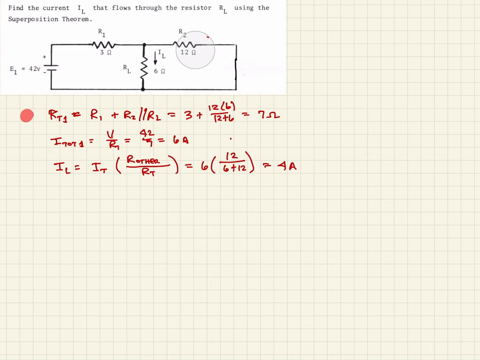So now let's start over and consider the other source. So in this case, we're considering this source here. So when we do that, just as before, we short this source out here. So we can do that real quick.